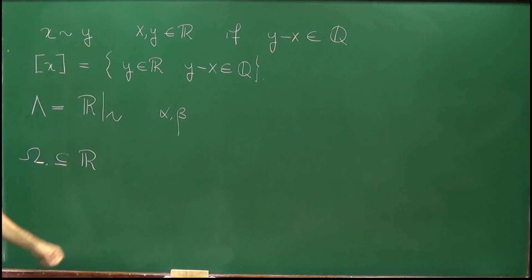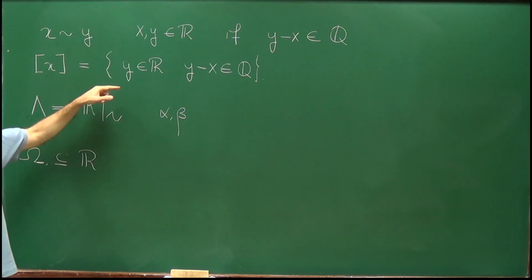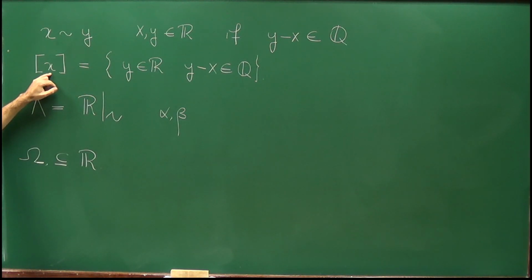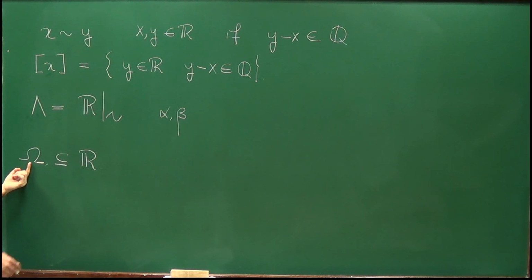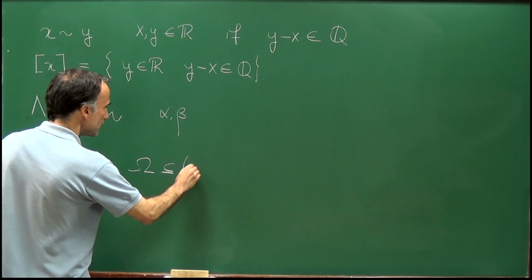I will choose one point, and I will form in this way a set omega. It is clear that I can always choose a representative of this equivalence class which belongs to the interval 0, 1. So in fact, I can assume that omega is contained in 0, 1.